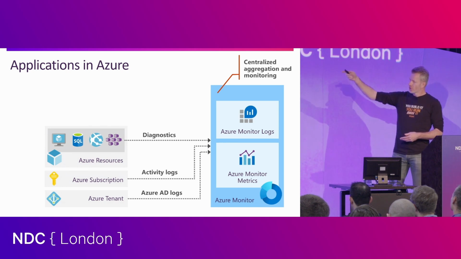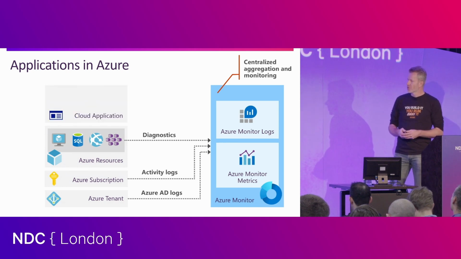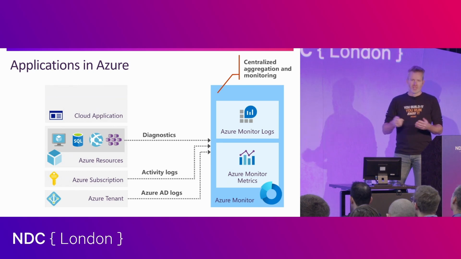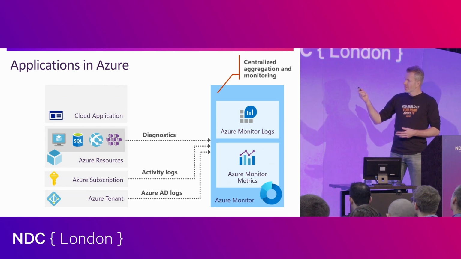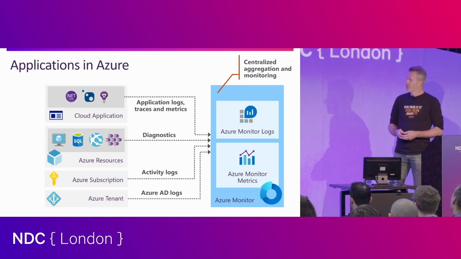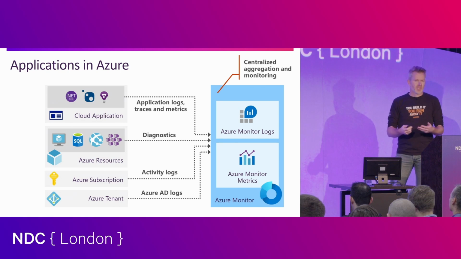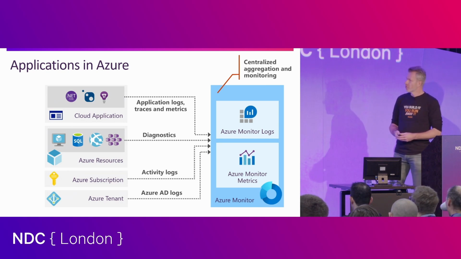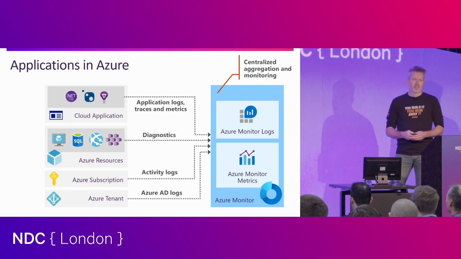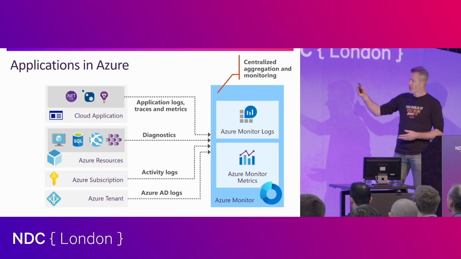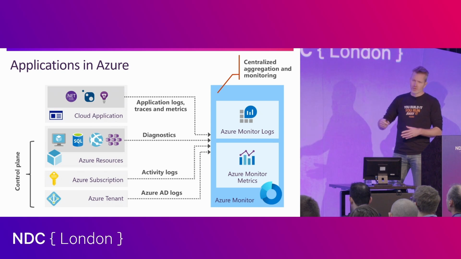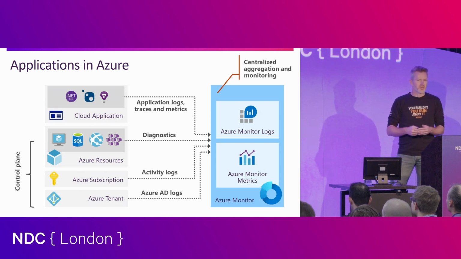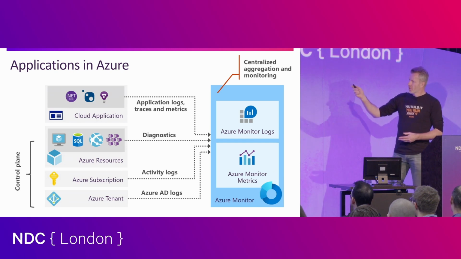So that's where you start getting more and more application specific. But as developers, like I think most of you are, the cloud applications that we build could be based on .NET Core with NuGet packages and some telemetry libraries that you'll be using, which allow you to send more than just the other stuff. Most of that stuff is what I like to consider control plane based, so it's the interaction with and the access to the resources.